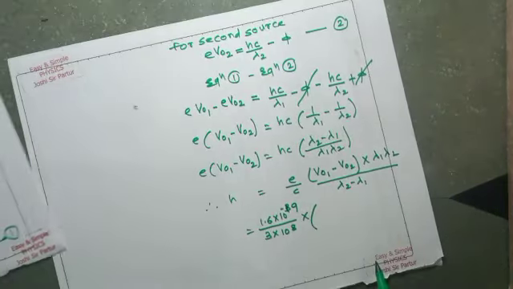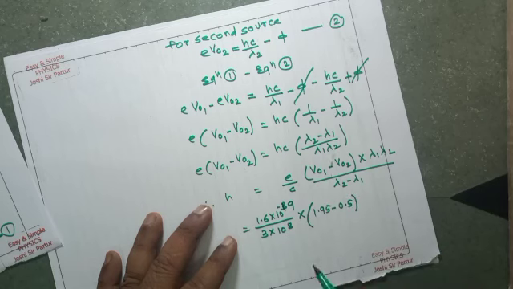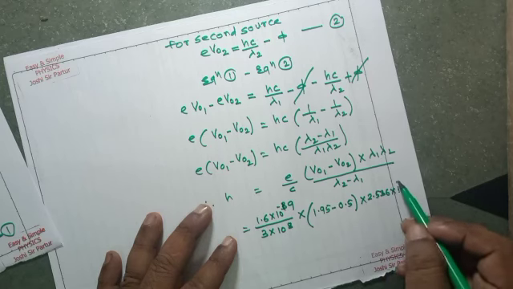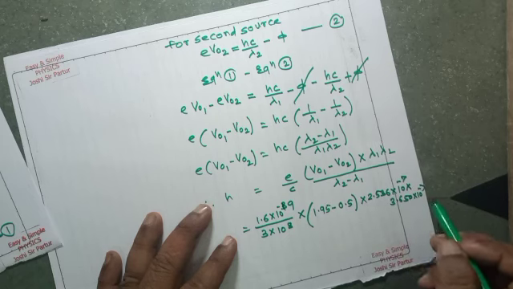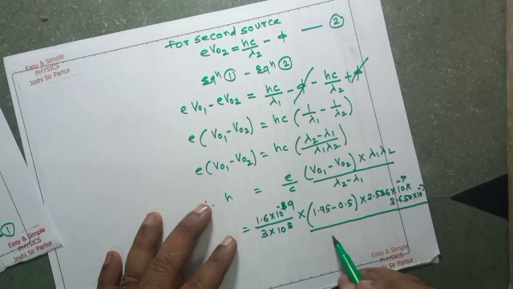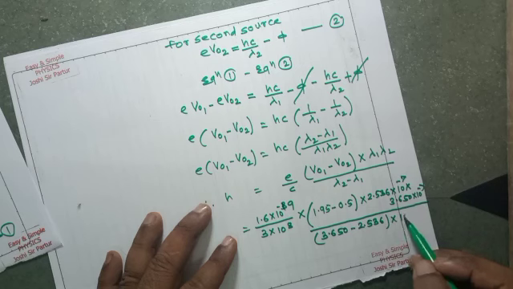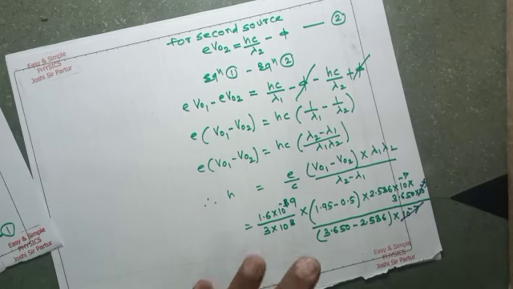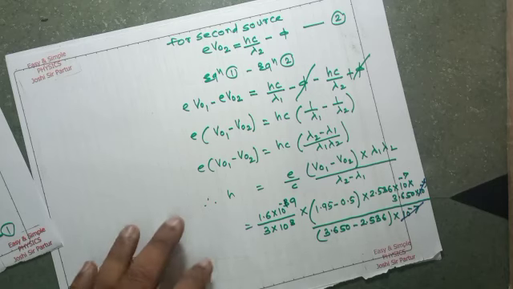So here V01 is 1.95 minus 0.5 multiplied by lambda 1 which is 2.536 into 10 raised to minus 7 multiplied by 3.650 into 10 raised to minus 7 divided by 3.650 minus 2.536 into 10 to the power minus 7. 10 to the power minus 7 gets cancelled, one from the other.